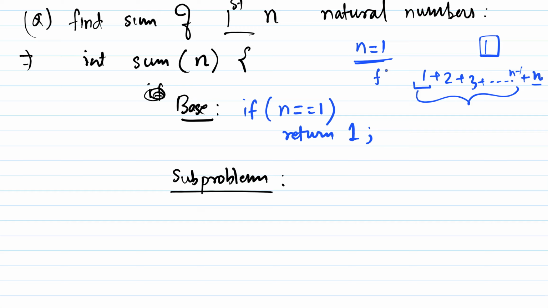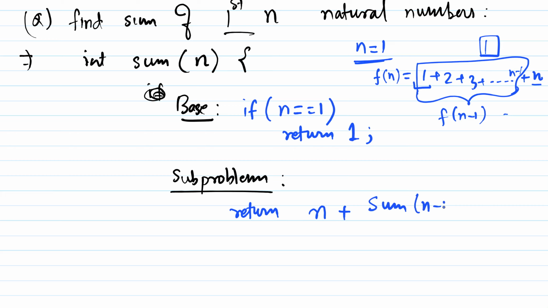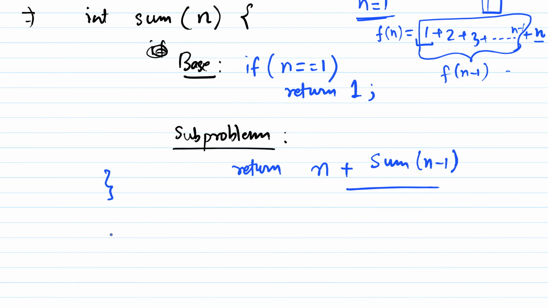This is fn, or in this case sum n, and this part is nothing but fn minus 1. So fn is nothing but fn minus 1 plus n. Otherwise we return n plus sum n minus 1, and the function is complete.